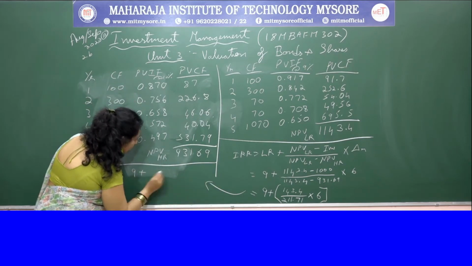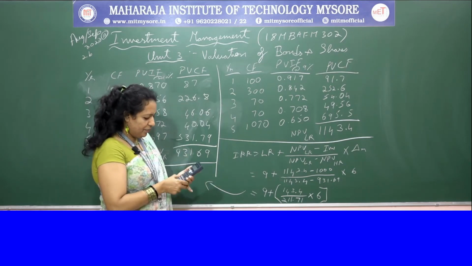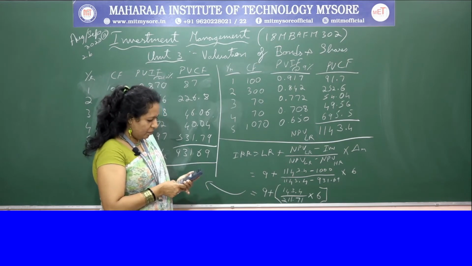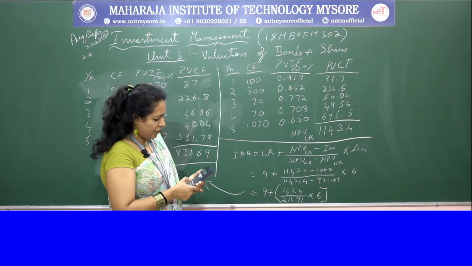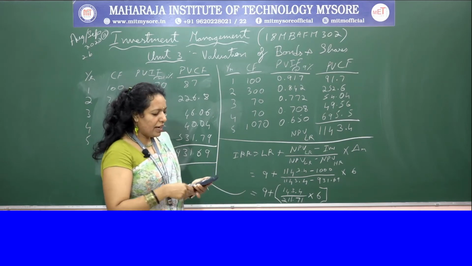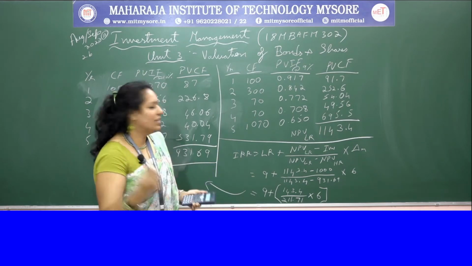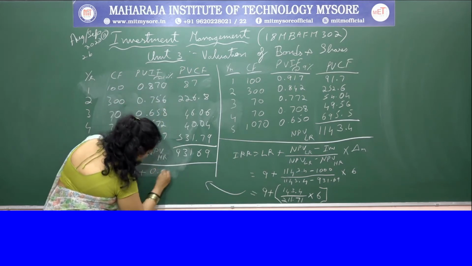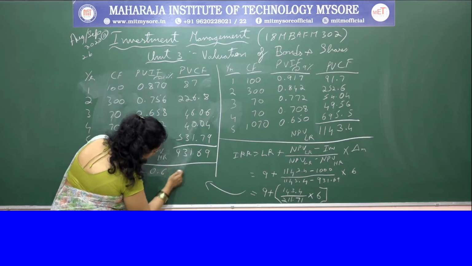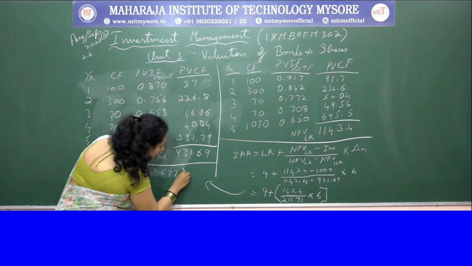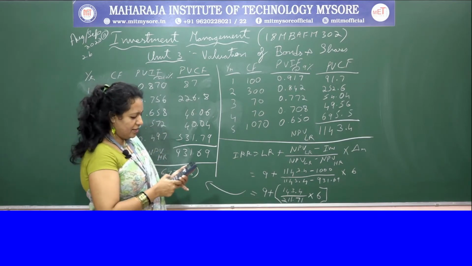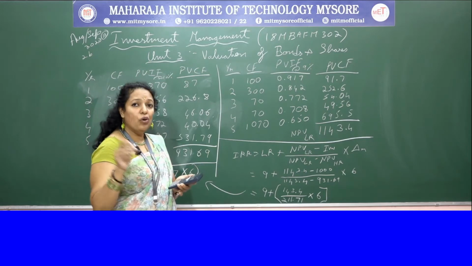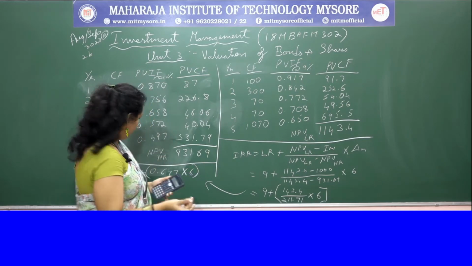So 9 plus, I'll just divide that, 143.4 divided by 211.71. You get 0.6777 and so on. 0.6777 into 6, so I'll just multiply this by 6. You get 4.064.